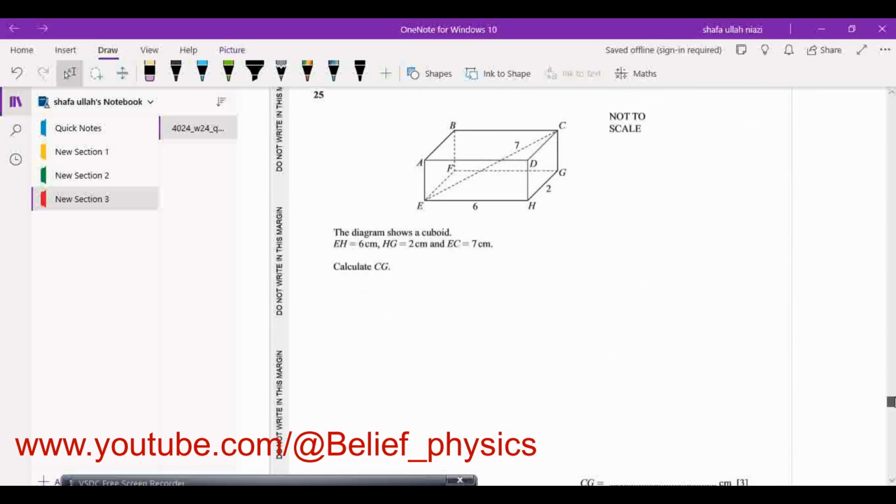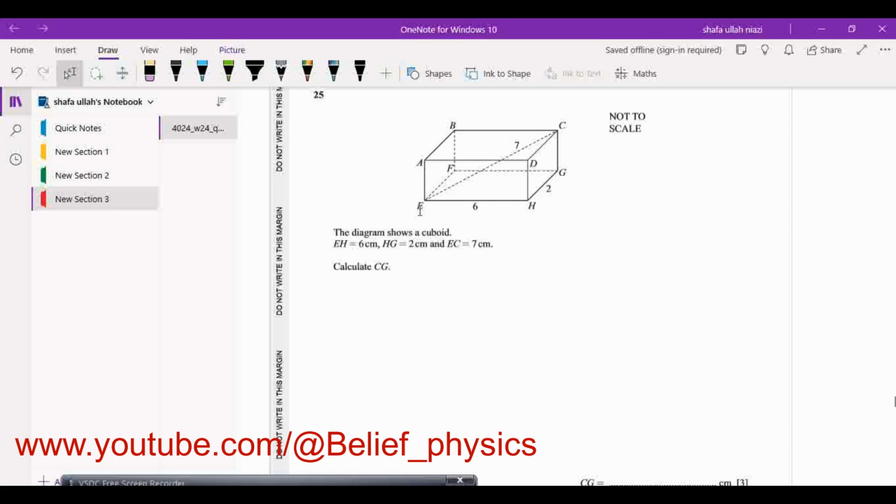Question number 25 is this. A diagram is shown here, which is not to scale. The diagram shows a cuboid. Calculate CG. Where is CG? CG is this. Very easy question.